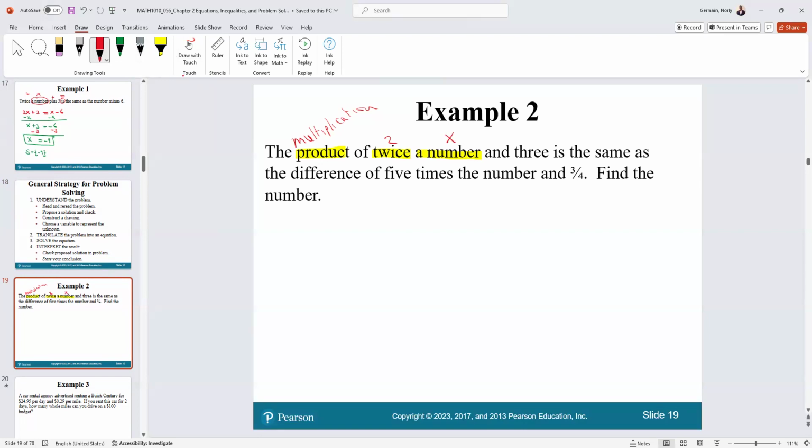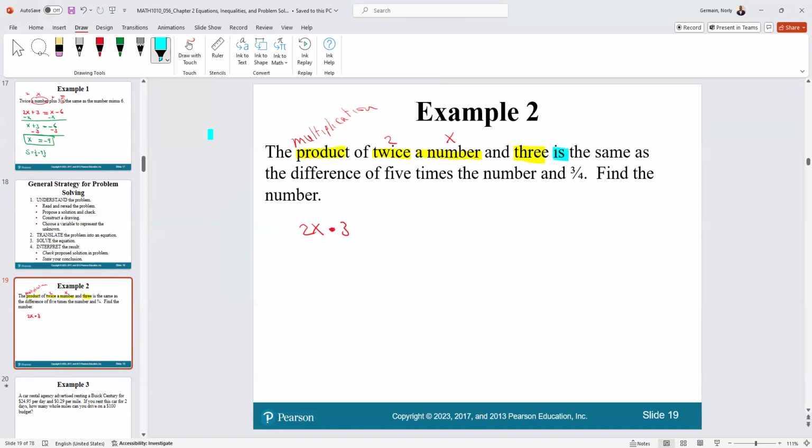Because they said a product of 2 times a number, we need to multiply with whatever they give you. And what is given is 3.